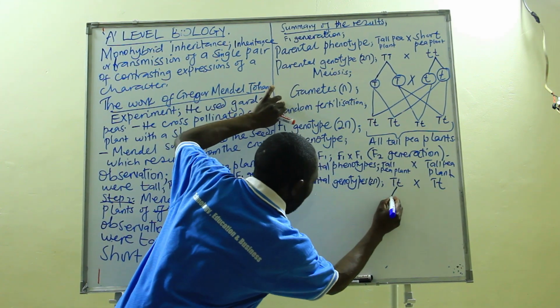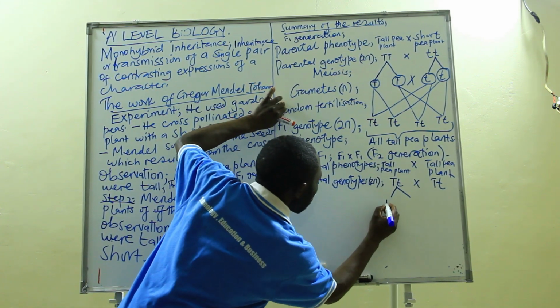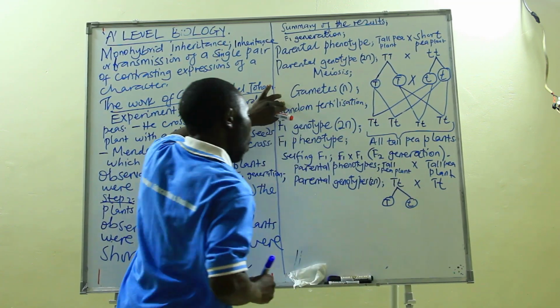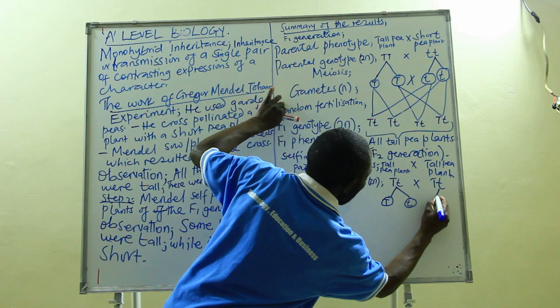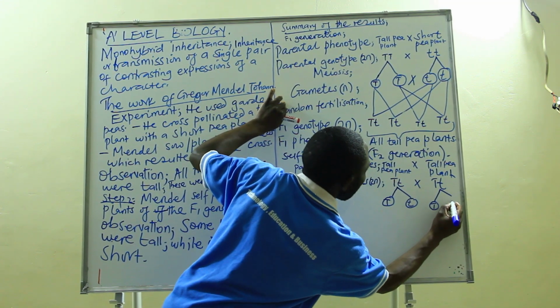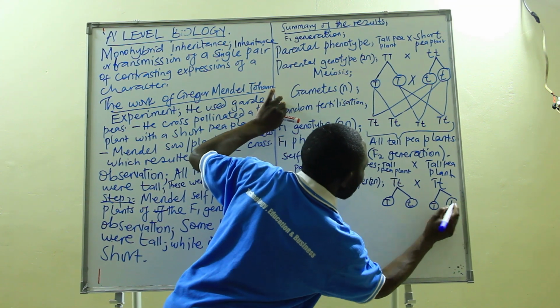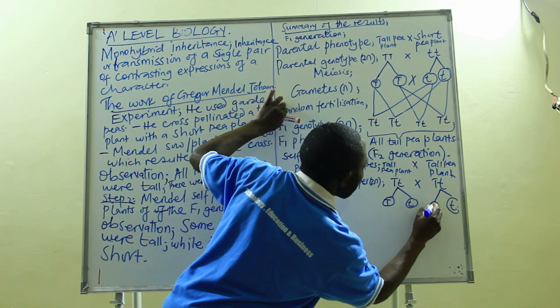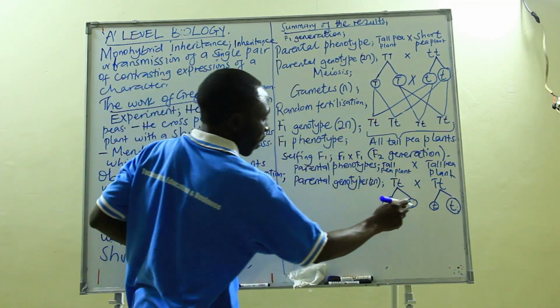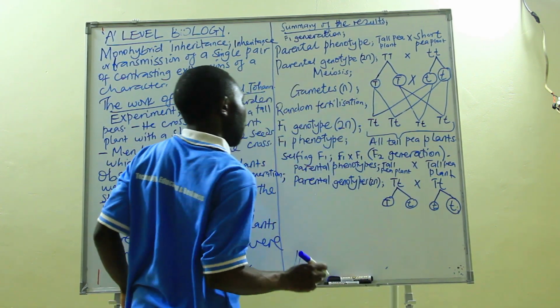The genes undergo segregation to form independent alleles, as shown on the board. This gene will also segregate to form independent alleles. This is double recessive. Independent alleles are shown on the board.